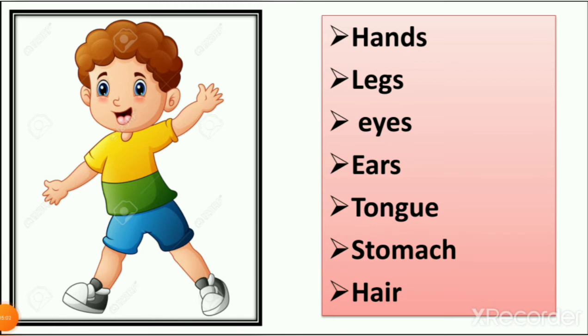All these body parts join together and make one structure which we call the body. So these body parts join together and help us in many ways, right? So all this we learn in this lesson.